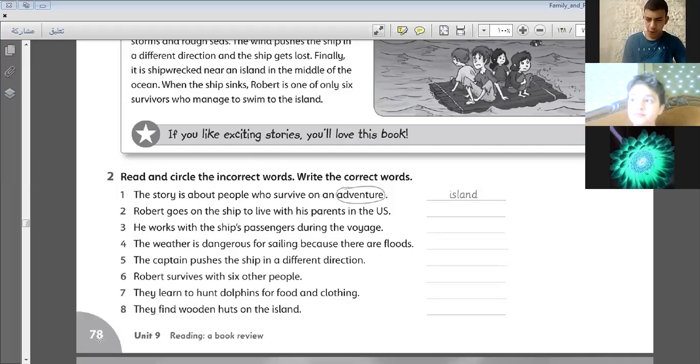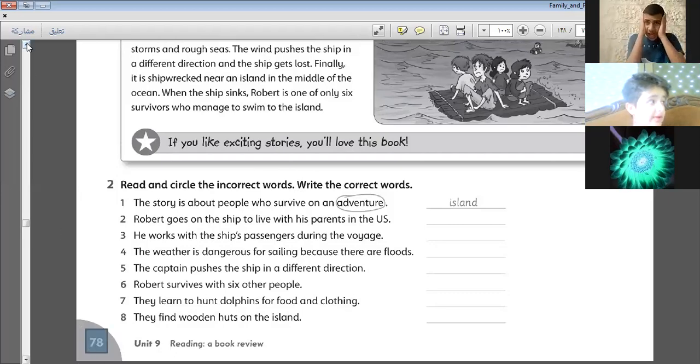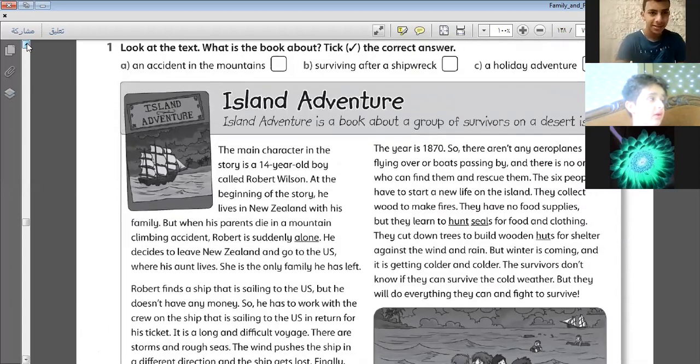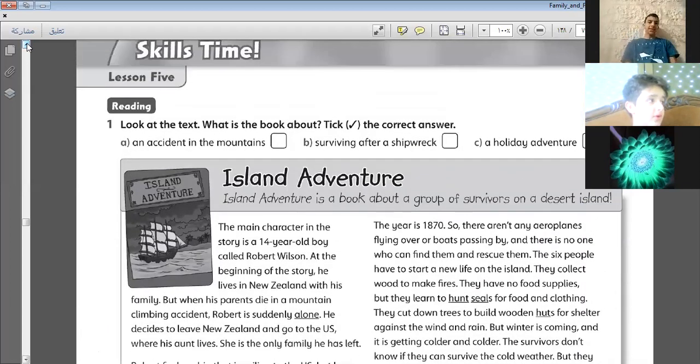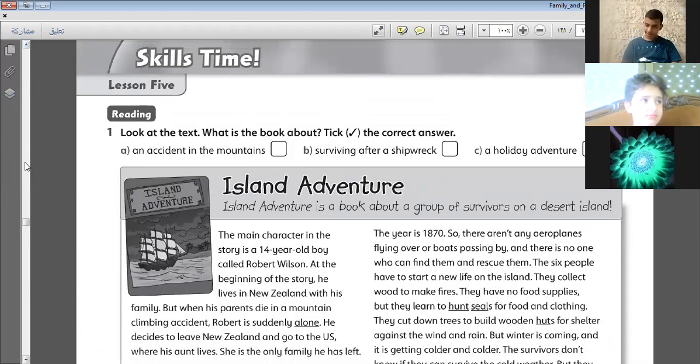Now we are on page 78, as you can see, workbook page 78. So we have a story, Island Adventure, Skill Time, lesson number 5.